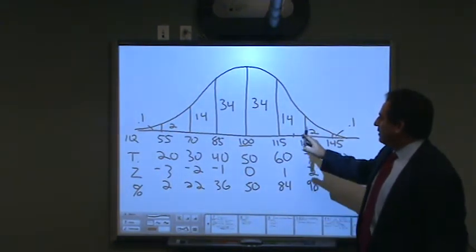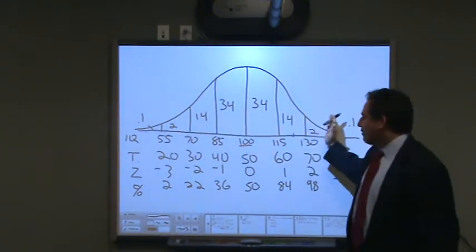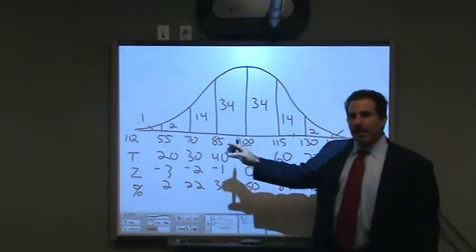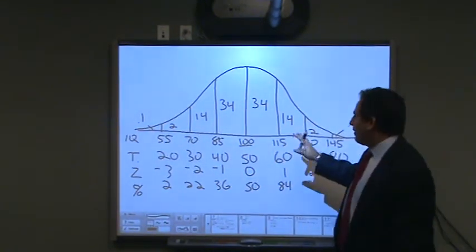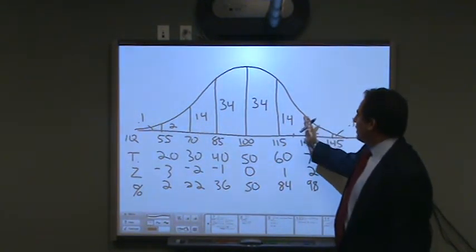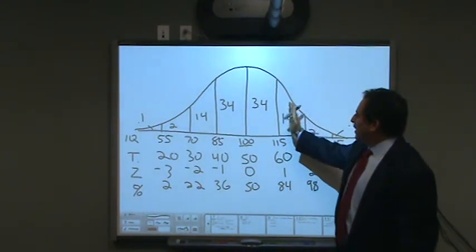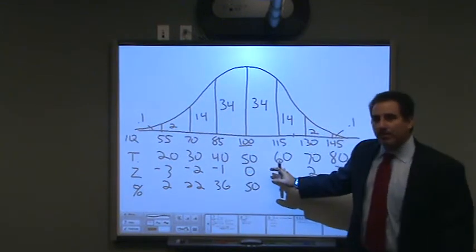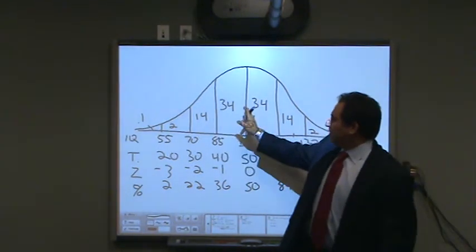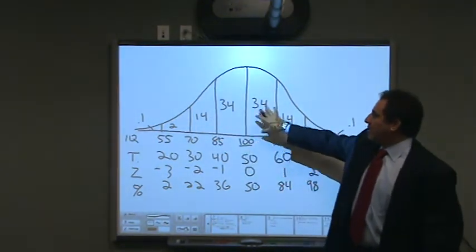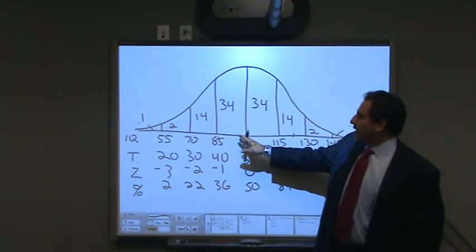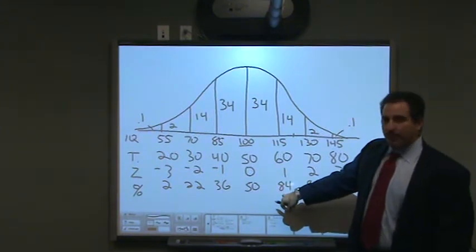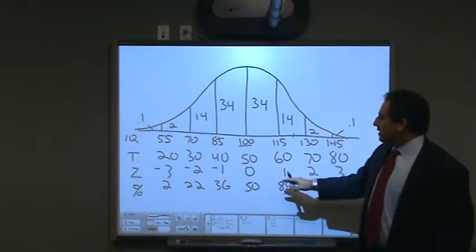I don't have the exact number for what this cuts off, but if you think about what's going on in the normal curve, you'll say, okay, we know that 84% of the population has a T-score below 60, because this is 50% on that side of the mean and 50% on this side. So 50% plus 34% means 84% have a T-score below 60.